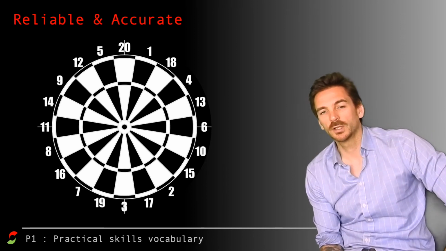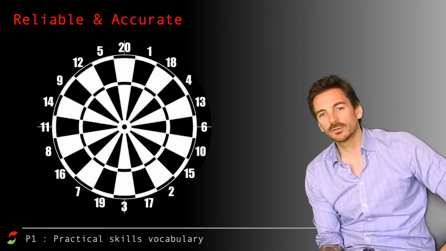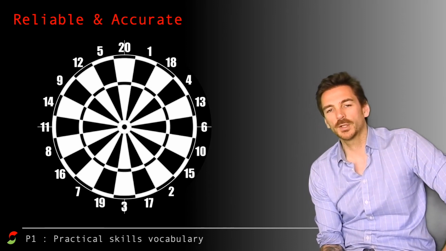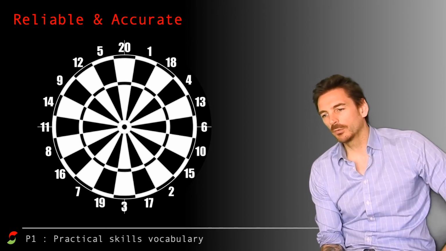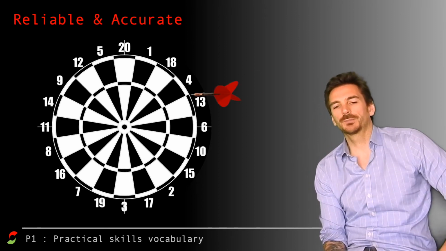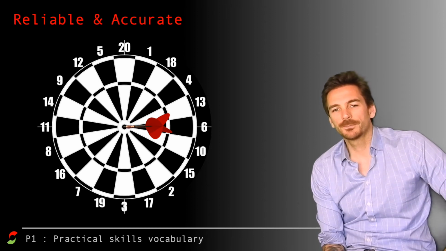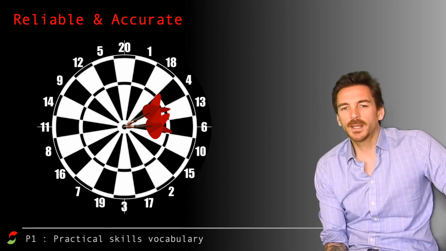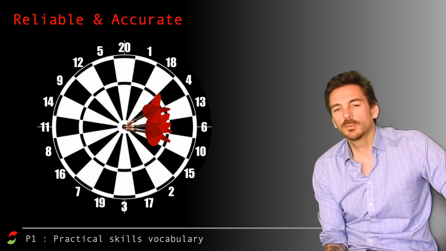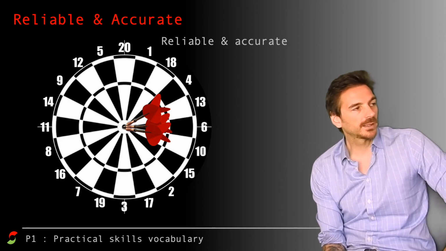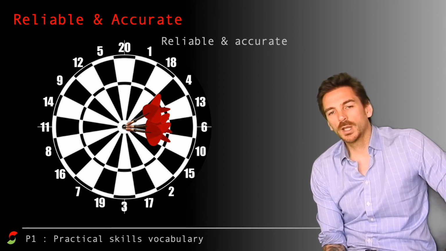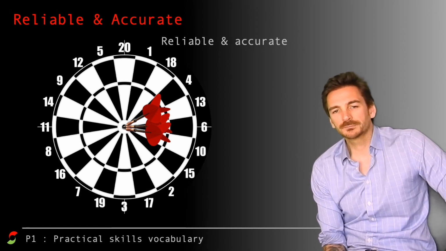It's animated, so it's going to be a little bit dangerous because darts are going to fly into the dartboard. We're going to be aiming for the bullseye. Okay, got the bullseye. Got the bullseye again. Got the bullseye again. So that person is both reliable and accurate.